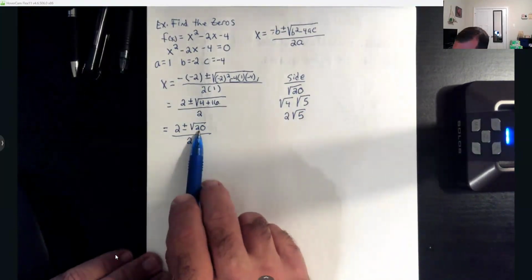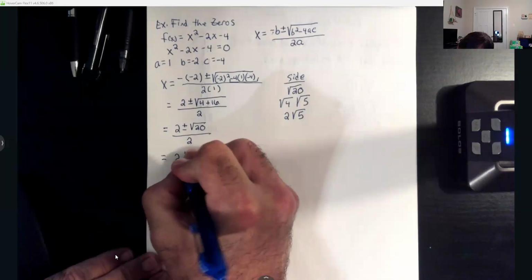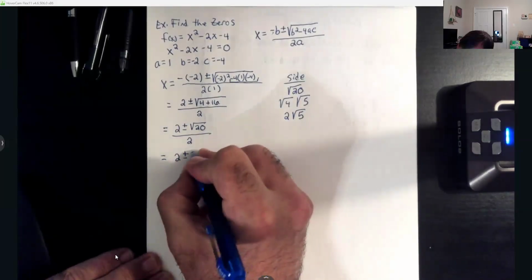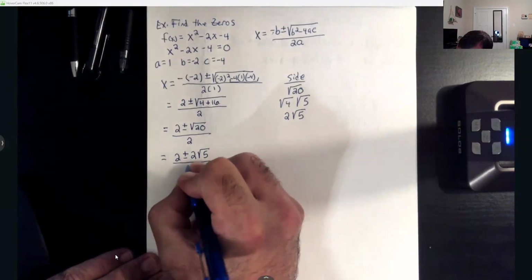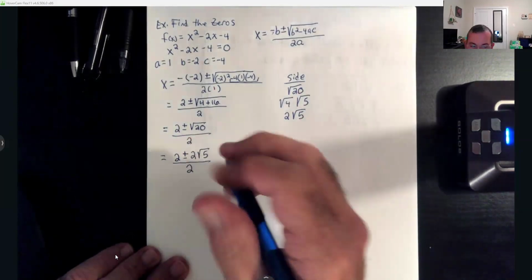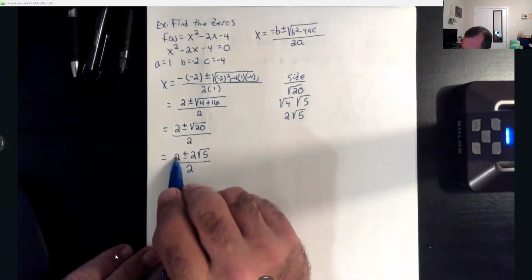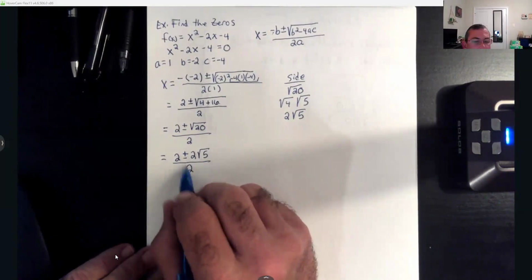So now I know what my radical simplifies to. So this is going to give me 2 plus or minus 2 square root of 5 over 2. Now, the final step is to take the outside numbers and see if they divide by the bottom number.